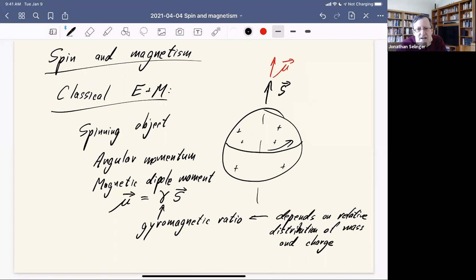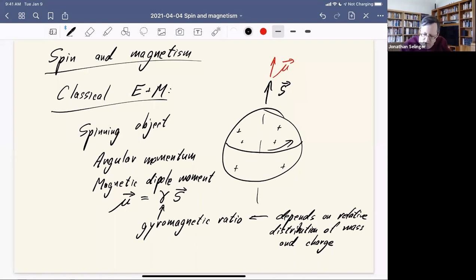So the gyromagnetic ratio is big. If it's the other way around, with the mass out near the surface and the charge mostly in the center, then the spinning mass makes a big angular momentum, but the spinning charge makes only a little magnetic dipole moment. So the gyromagnetic ratio is small.